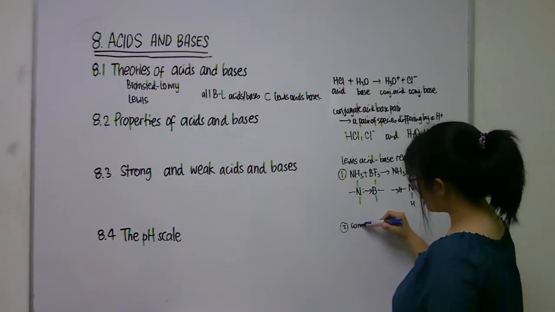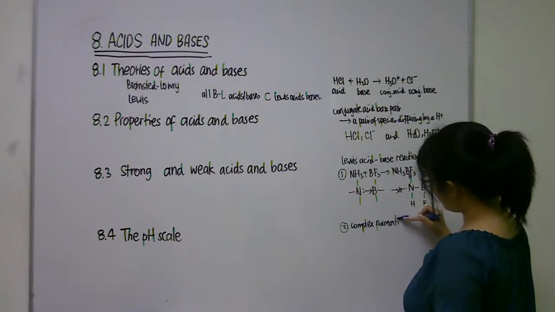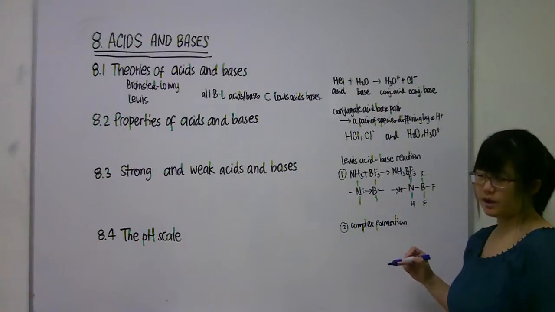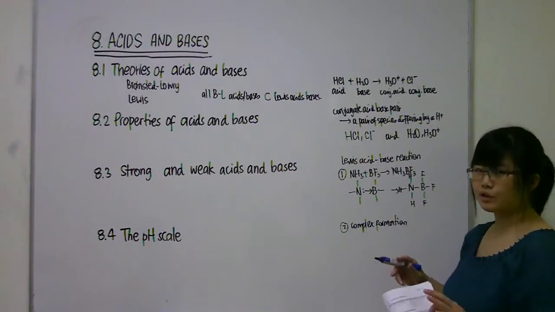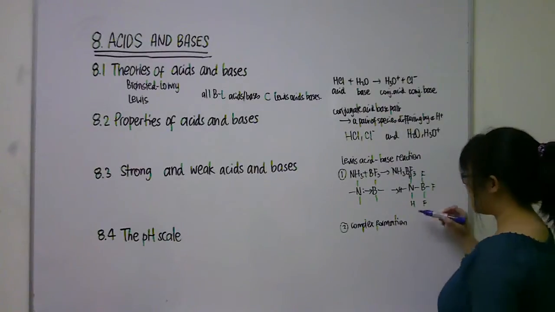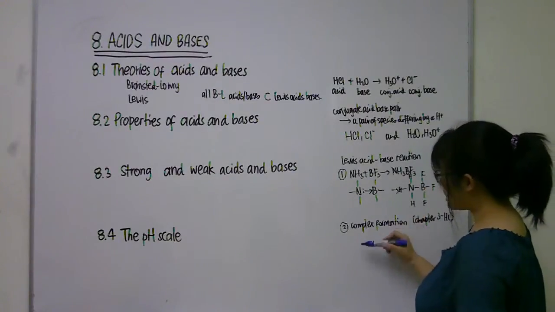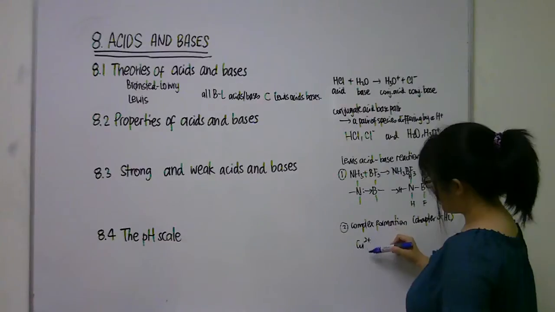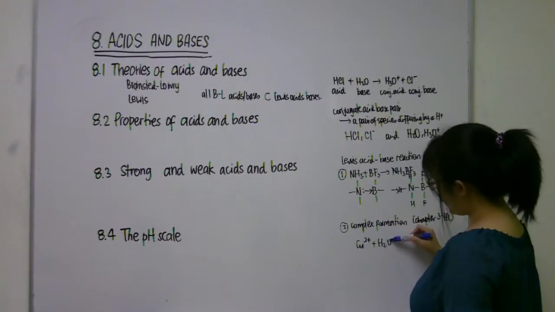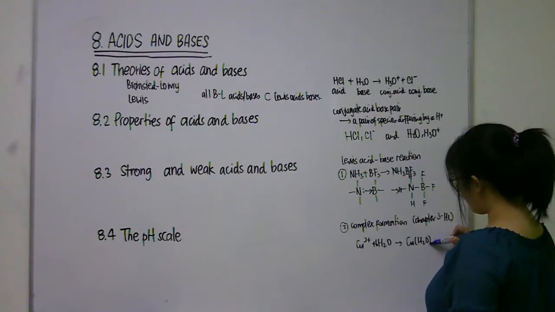This is complex formation. They should have learned this, especially if they're in higher level. If in standard level, you probably have to explain a little more because they don't learn complex formation until chapter 3 HL. Okay, this is where you have a central metal ion and you add ligands, for example, and you'll form a complex.